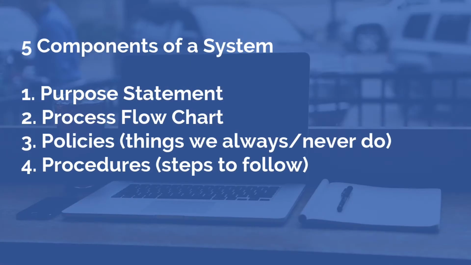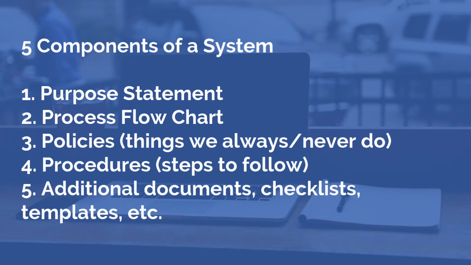So the components of a system are the purpose statement, the flow chart, the policies, and your collection of procedures. And the 5th component is any additional documents you may need. You may need templates, scripts, checklists, or an operating manual for some piece of equipment or some software involved in that system. Those are just additional documentation you need to reference or have handy.